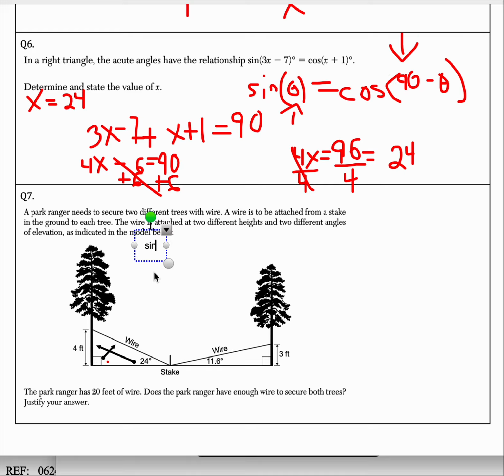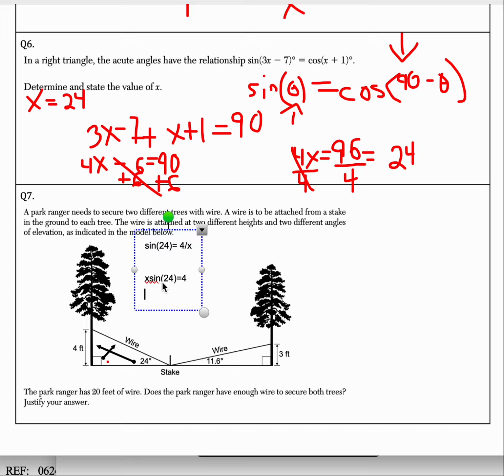Sine 24 equals, right, 4 over x. Okay, so we're going to end up with x sine 24 equals 4.